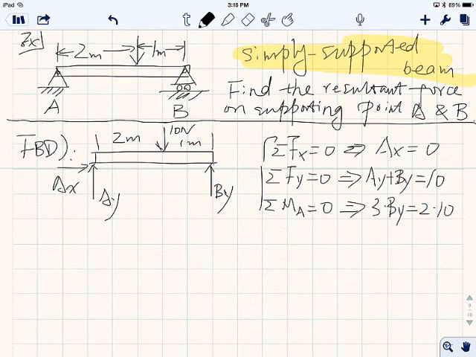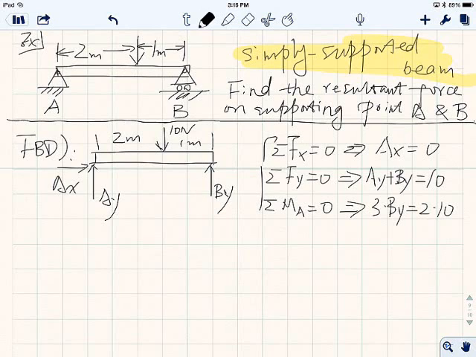2 times 10 is the force times moment arm, which is the moment caused by the 10 newton concentrated force, while BY times 3, the moment arm, is equal to 2 meters plus 1 meter, right? So BY has a moment arm of 3 meters, therefore force times moment arm should equal force times moment arm, okay? All right, 2 equations, 2 unknowns, we can solve for that.